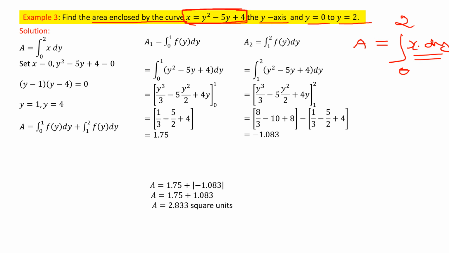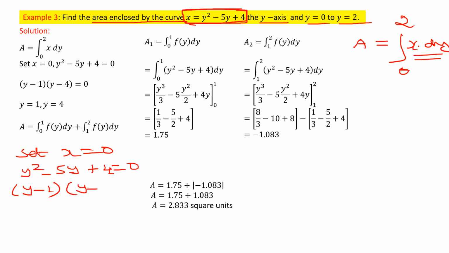Okay. To check the limits, we are going to set x value equal to 0. If I set x equal to 0, we will get y power 2 minus 5y plus 4 equal to 0. By factoring this, I will get y minus 1, y minus 4 equal to 0.